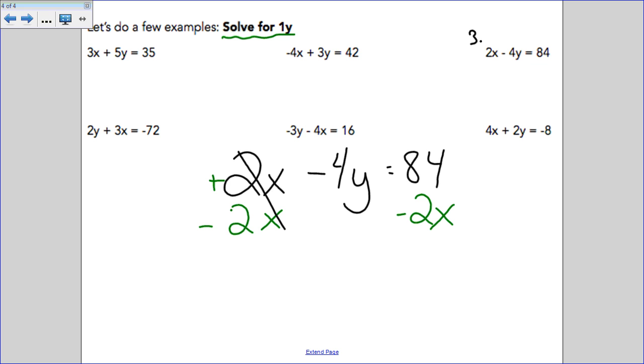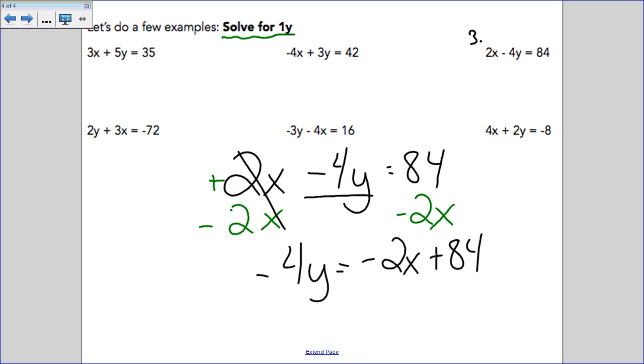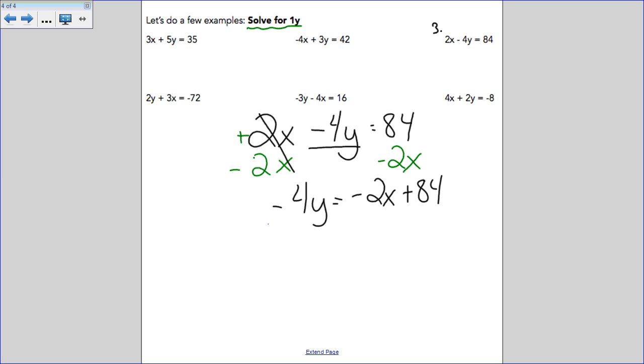Well, these cancel, and you have negative 4y, don't forget that negative sign, equals negative 2x plus 84, because my 84 was positive. Okay, what's my last step? I need to divide by my coefficient of y.